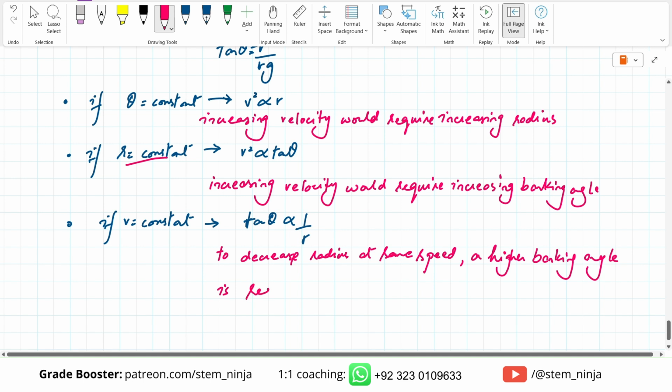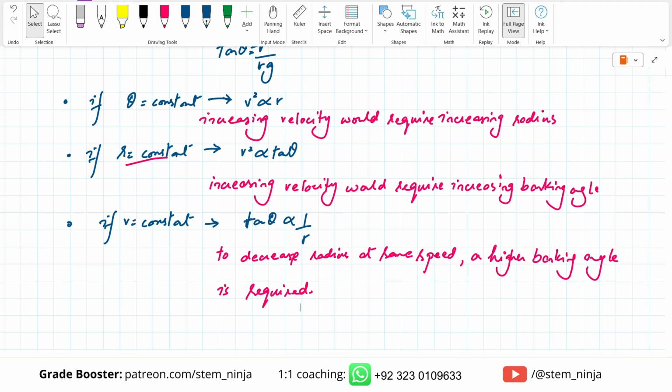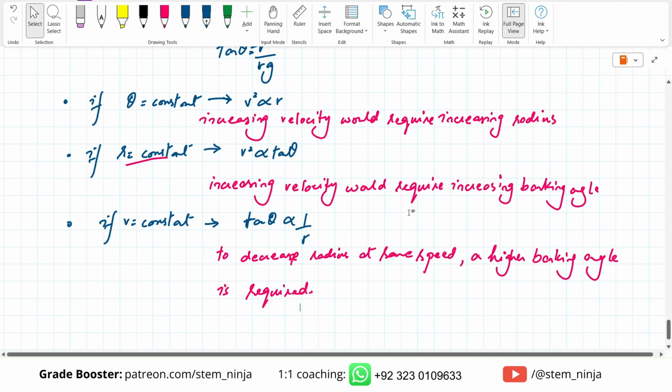So again, we are looking at this from a practical point of view, from a physics point of view. This is what the math is telling us also.